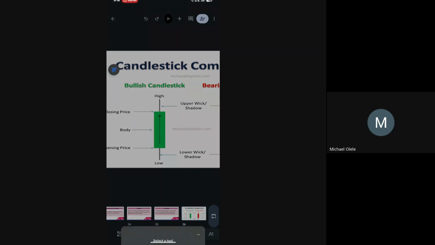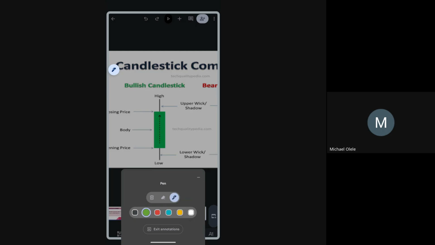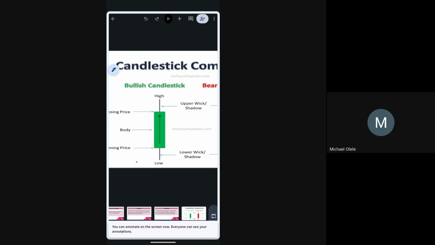let me get my pen. If you look at this bullish candle very well, you see we have the high over here and the low over here. Over here we have the upper wick or upper shadow, and over here the lower wick or lower shadow.